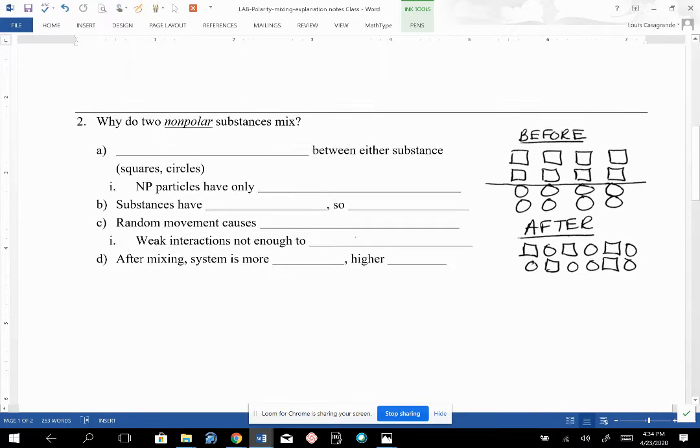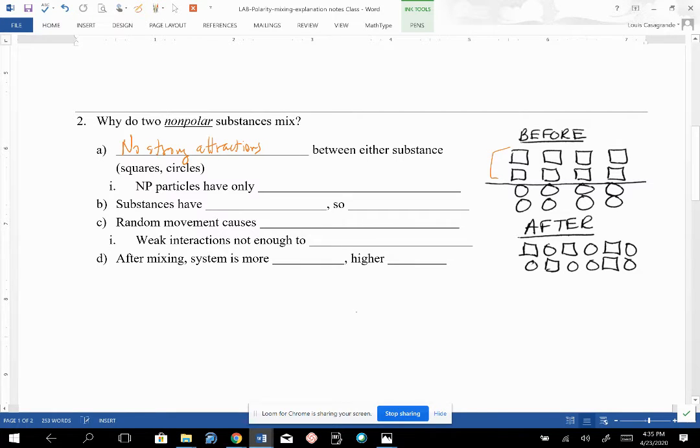So that's the reason why nonpolar substances mix. Nonpolar substances start off with no strong attractions. There are very weak attractions, dispersion forces, but no strong attractions between either substance. So we've got 2 substances, the squares and the circles.